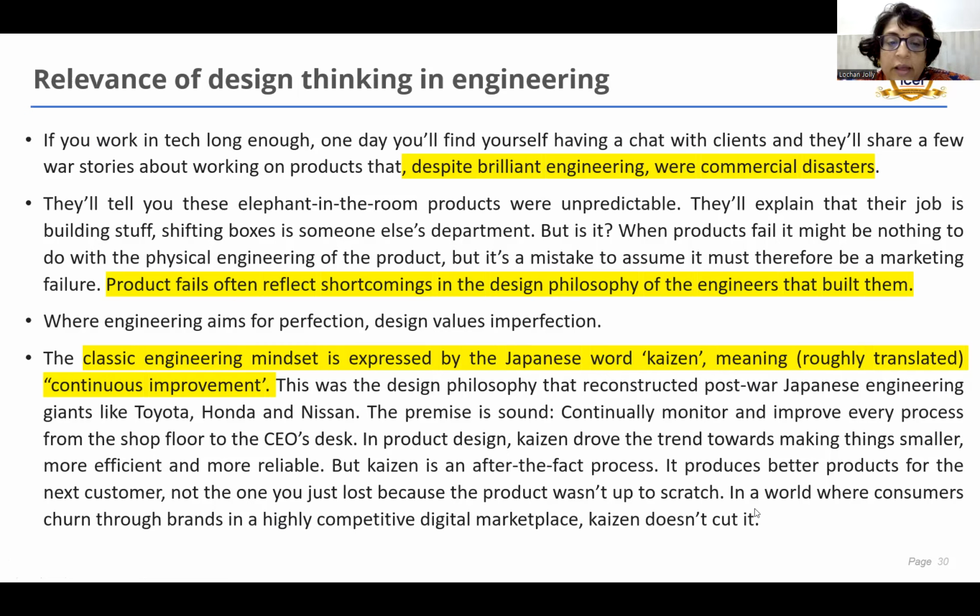If we are making a product which works at the first instance but may not be of the same use after some time, because you did not look into what is not working and did not work on continual improvement.